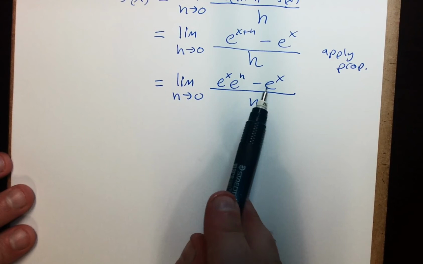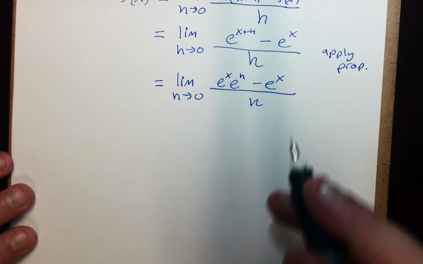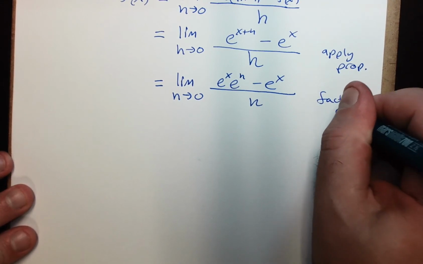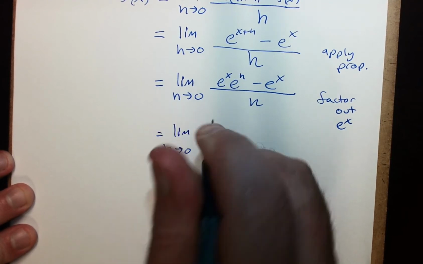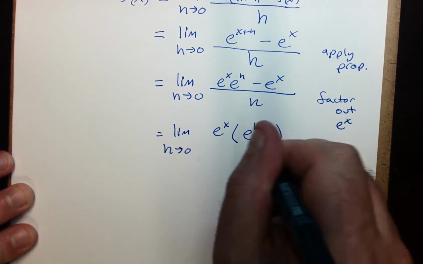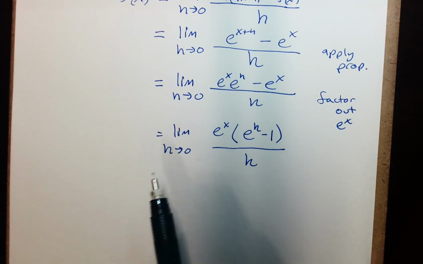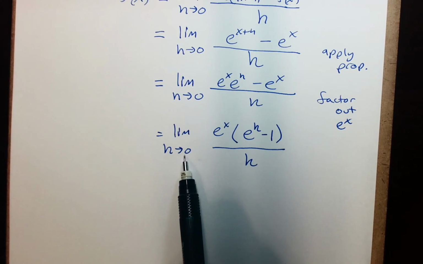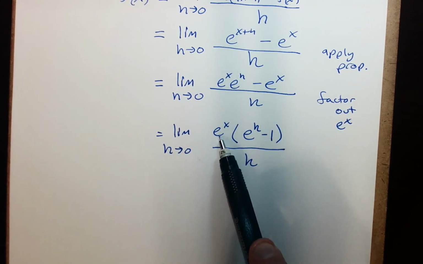Then you should realize that these both have an e to the x now. That means you can factor out an e to the x. So you get that. But then what you can do is realize that the limit is h goes to 0, right? h goes to 0, not x goes to 0.